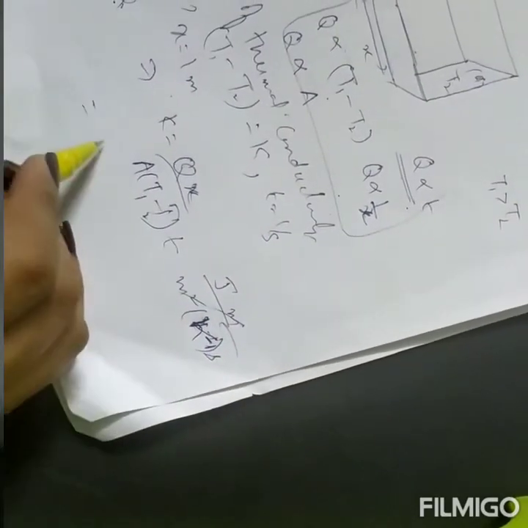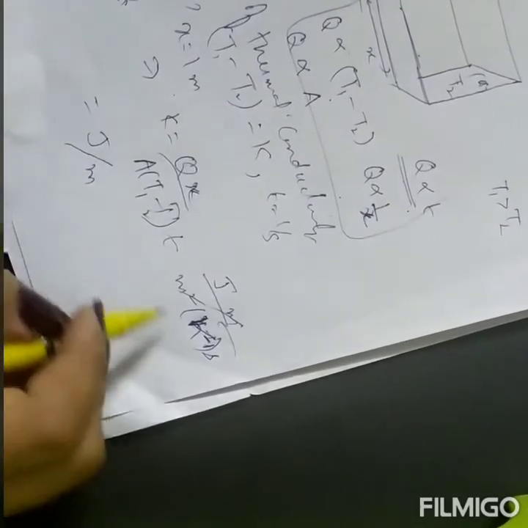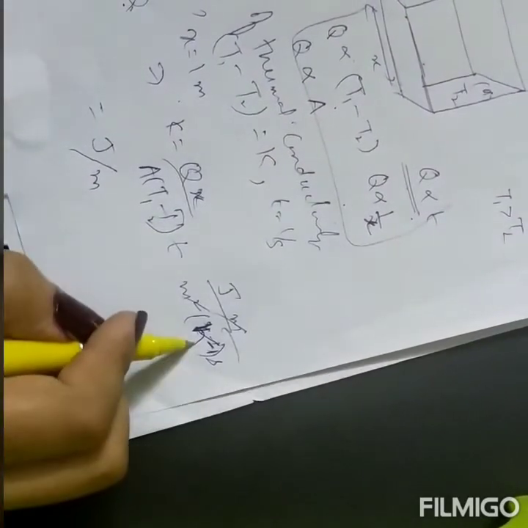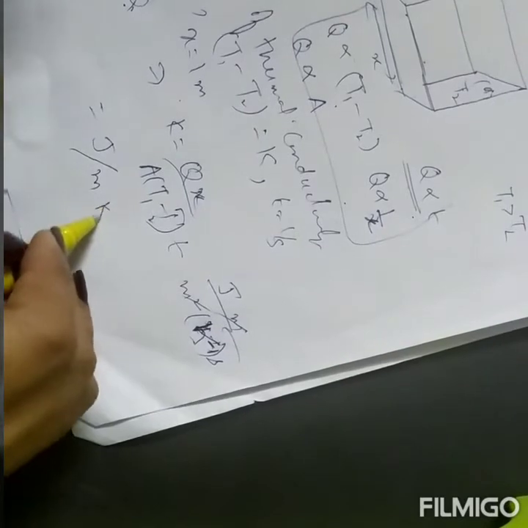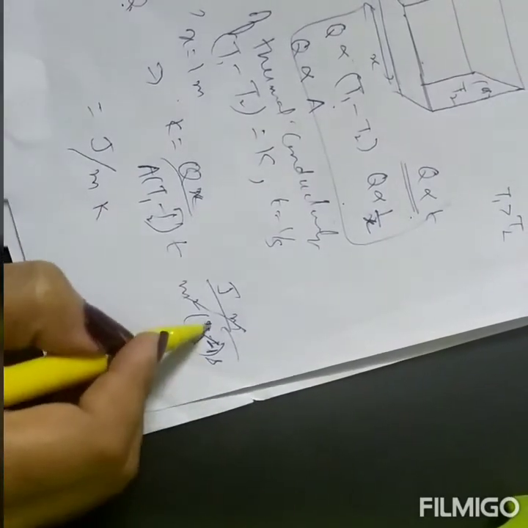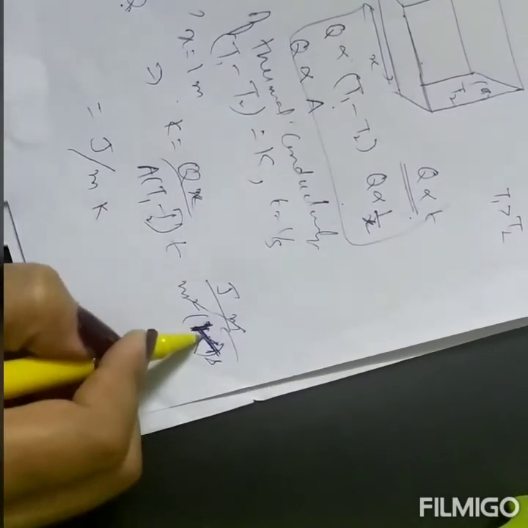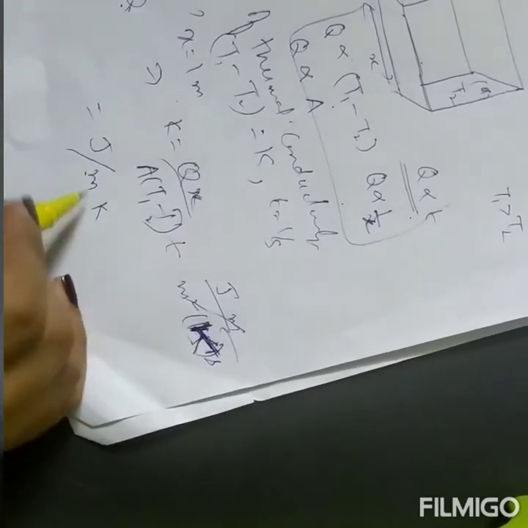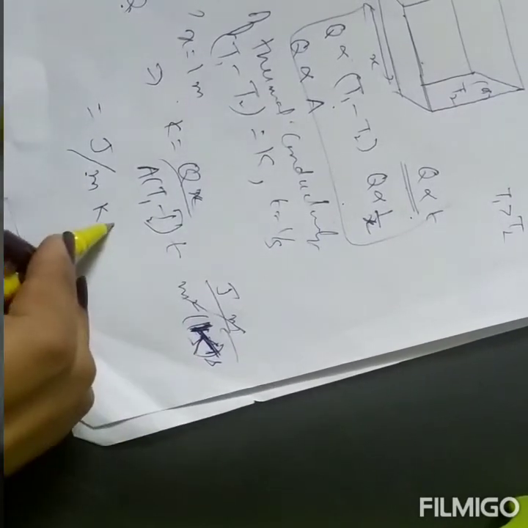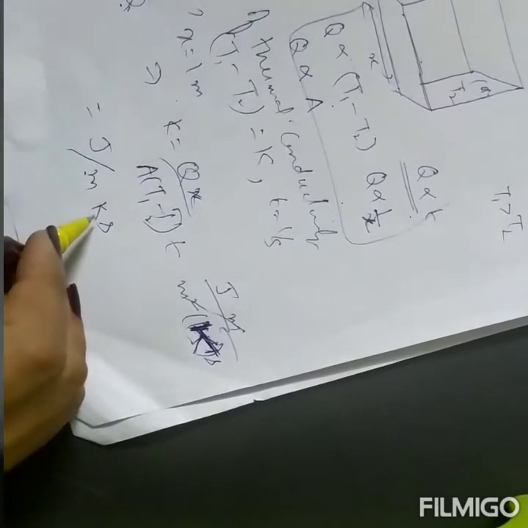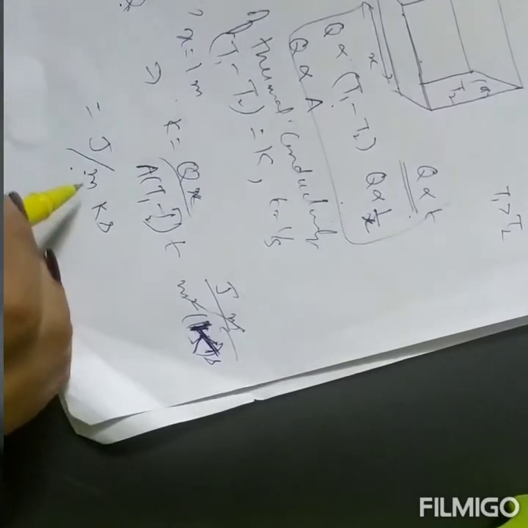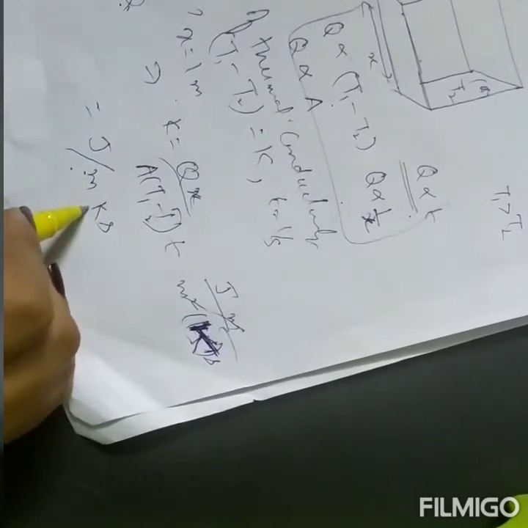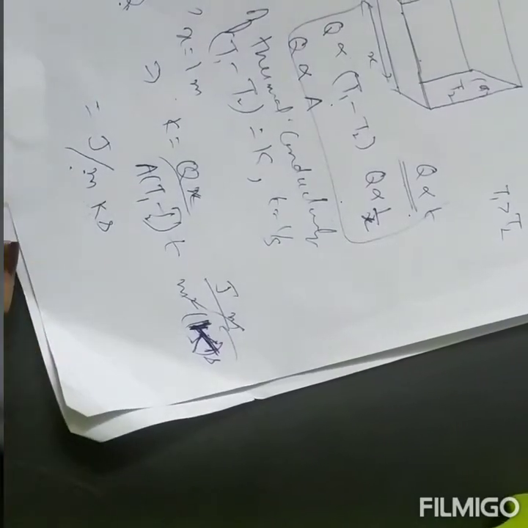So what are the units? It is joule per meter, then the temperature difference is in Kelvin, so meter Kelvin into second. So it is joule per second per meter per Kelvin. These are the SI units.